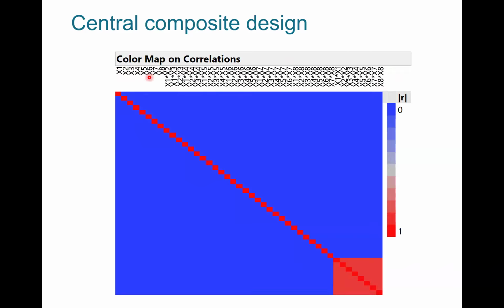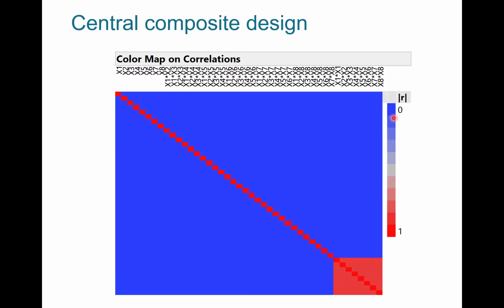And ideally, the values of all these quantities here, the values of all these functions of the X's are uncorrelated. If these values are uncorrelated, you have a very easy data analysis that you can do by hand. And the color map on the correlations visualizes whether or not all these values here for these functions of the X's are correlated or not.